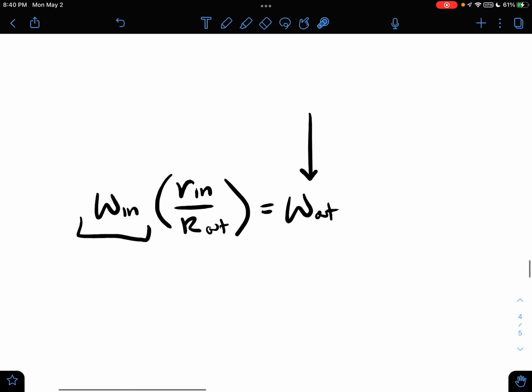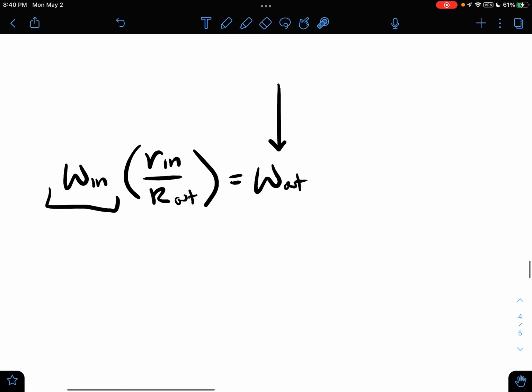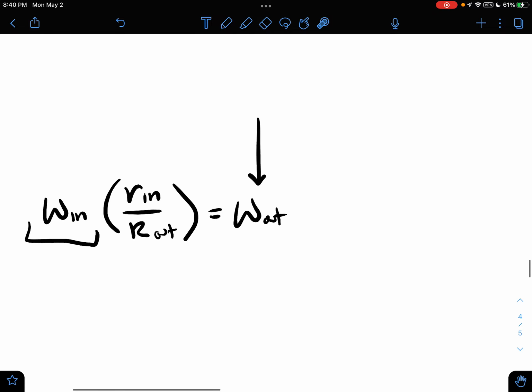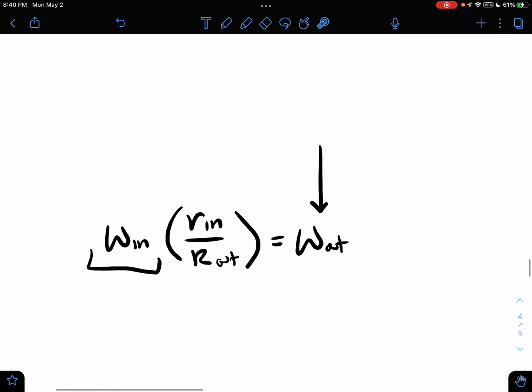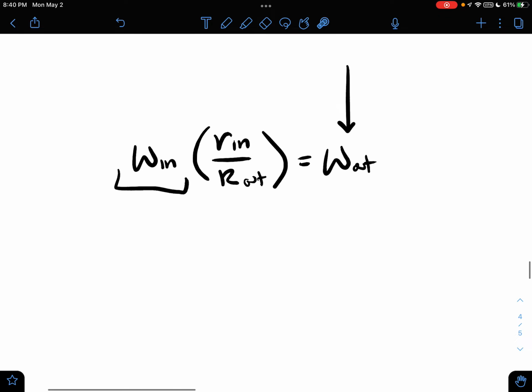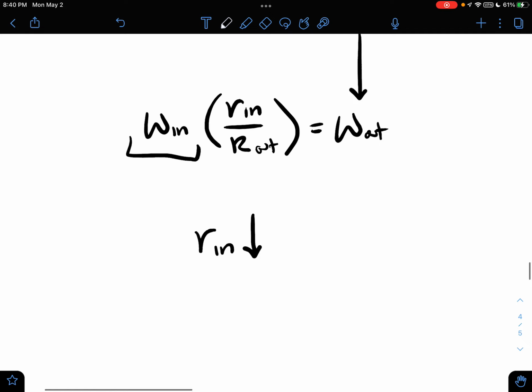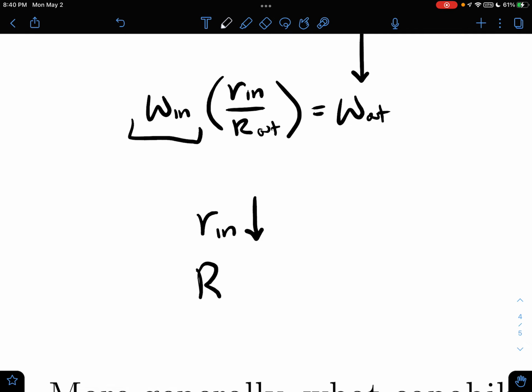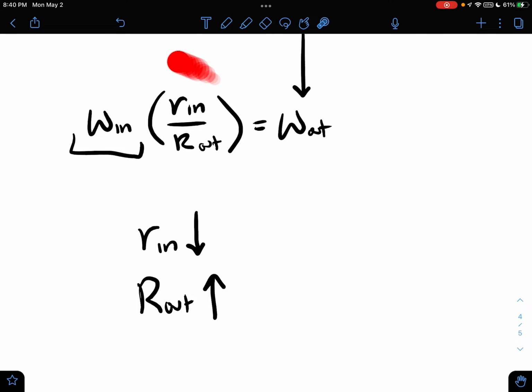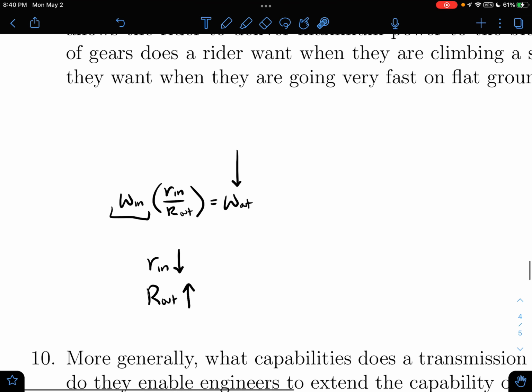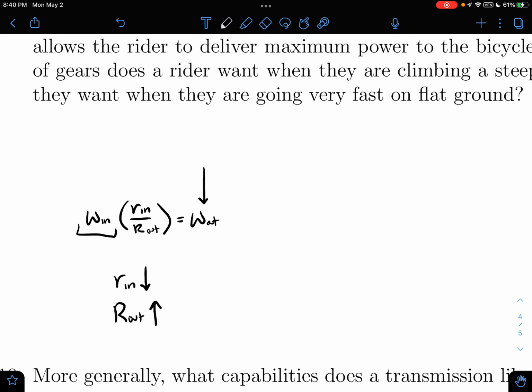This is still at the maximum, so we don't lose any power. We get to figure out how we can decrease it without changing our omega. So if we're trying to decrease this, there are multiple ways we can do that. We can either increase our denominator or decrease our numerator, meaning that R in, you want to decrease, so that's in the numerator, and R out, you want to increase, because increasing the denominator makes this whole thing smaller. So you want a small input gear and a big output gear for a hill.